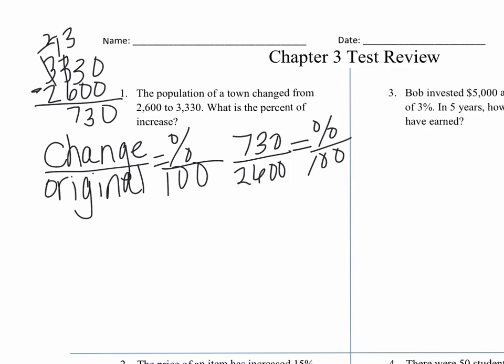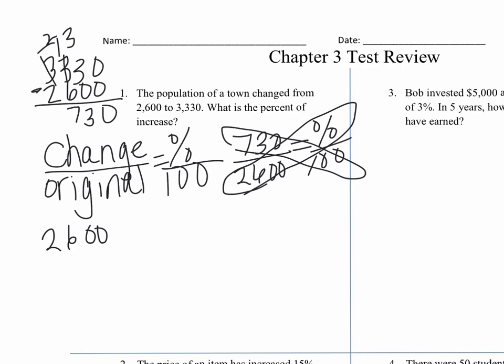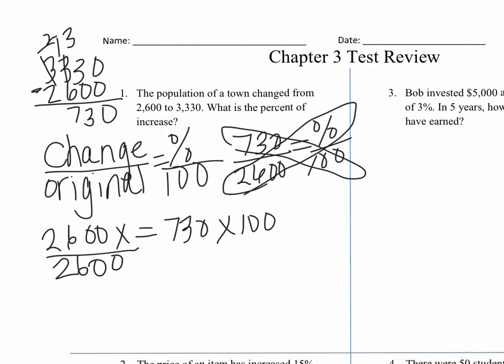To solve the proportion, we use cross products. 2,600 and the percent we're looking for, we're going to call X, equal to 730 times 100. To get the X by itself, you divide by 2,600. Golden rule of algebra, whatever you do to one side, you do to the other.